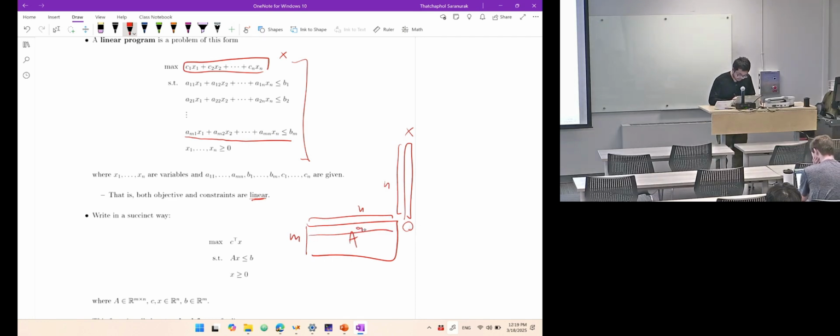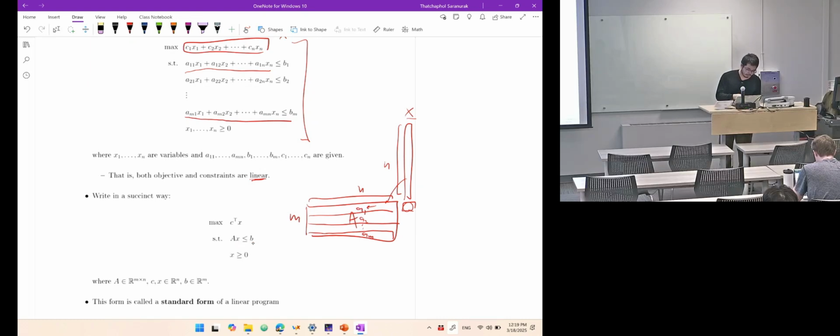If I say A1 is the first row of A, then when you multiply A by x, the first row after multiplying gives you this thing. You see this, I hope. It's just how to write it in a succinct way. Okay?